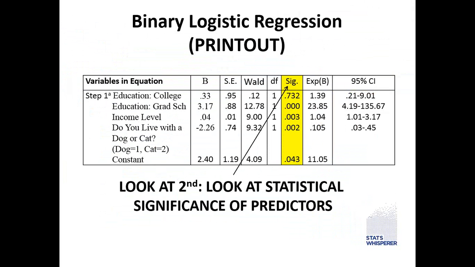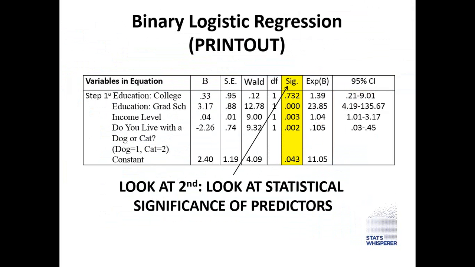Then the next p-value is 0.000. That's grad school. So what that's saying is that those with a graduate school level education are significantly more likely to be happy, yes, in reference to those with a high school level education.